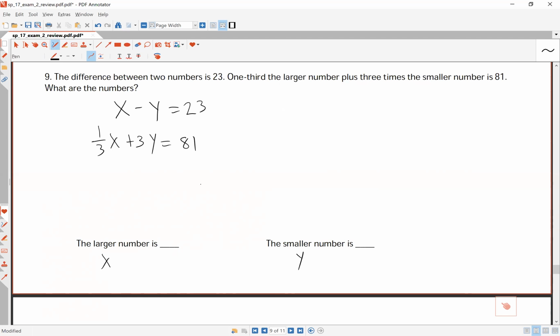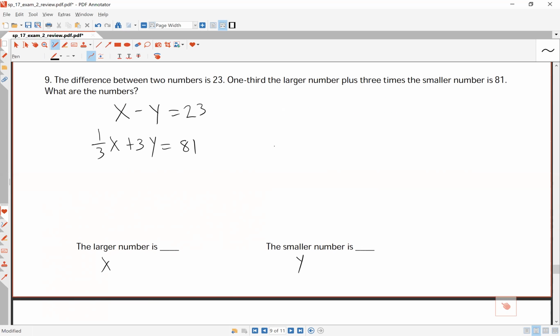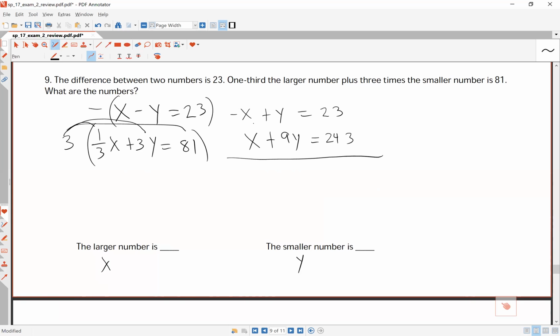Let's go ahead and clear the fractions in the second equation by multiplying everything by 3. 3 times 1/3 is 1. 3 times 3y is 9y. And 3 times 81 is 243. Now that we have a positive x, I'm going to multiply the first equation by negative to make it negative x plus y equals 23.